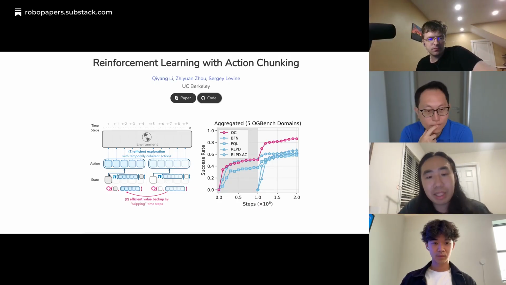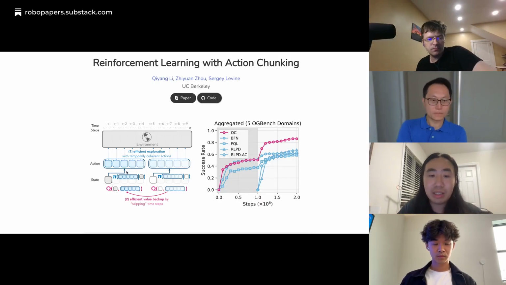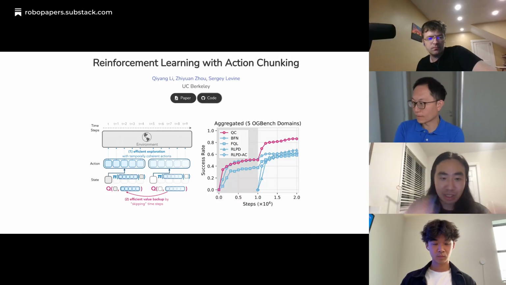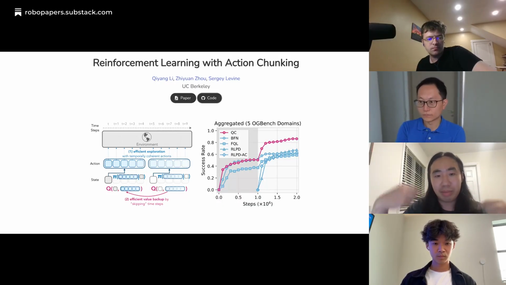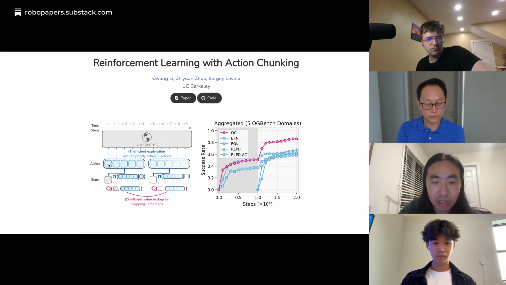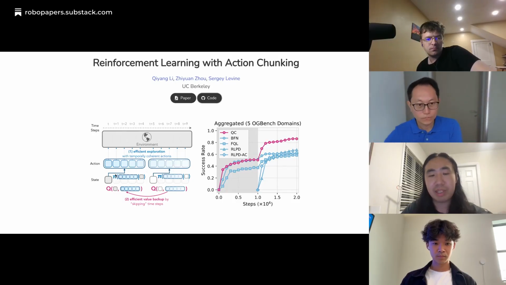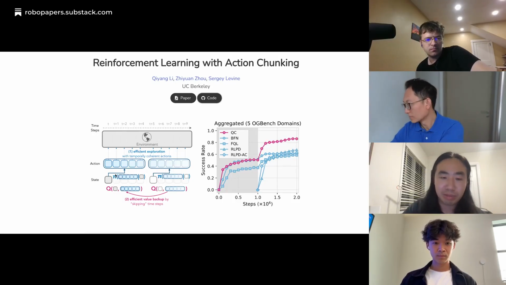And in imitation learning, it is a good idea to produce action chunks and execute them in an open loop fashion, which means that we're just executing these predicted action chunks without even considering what happened in the state at t plus 1, t plus 2, t plus 3, t plus 4.